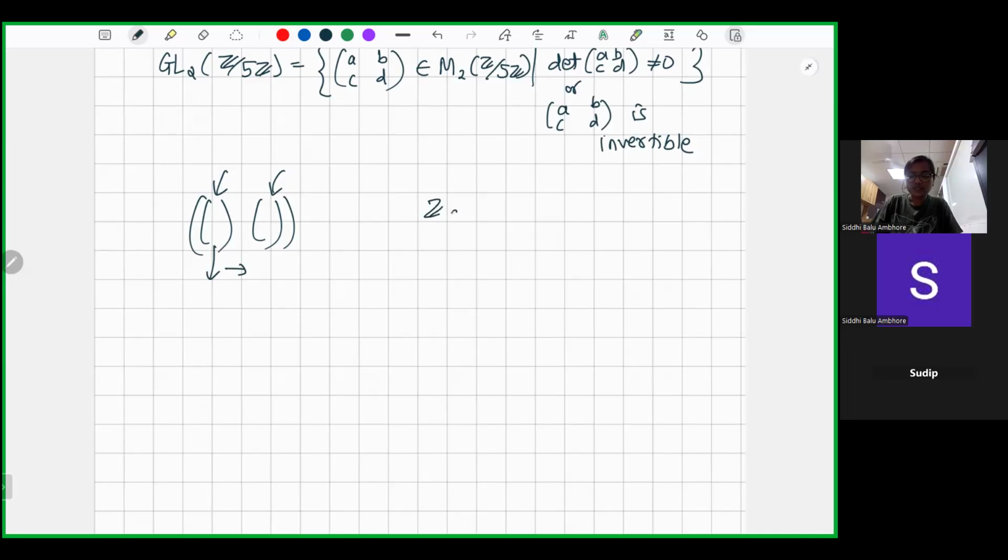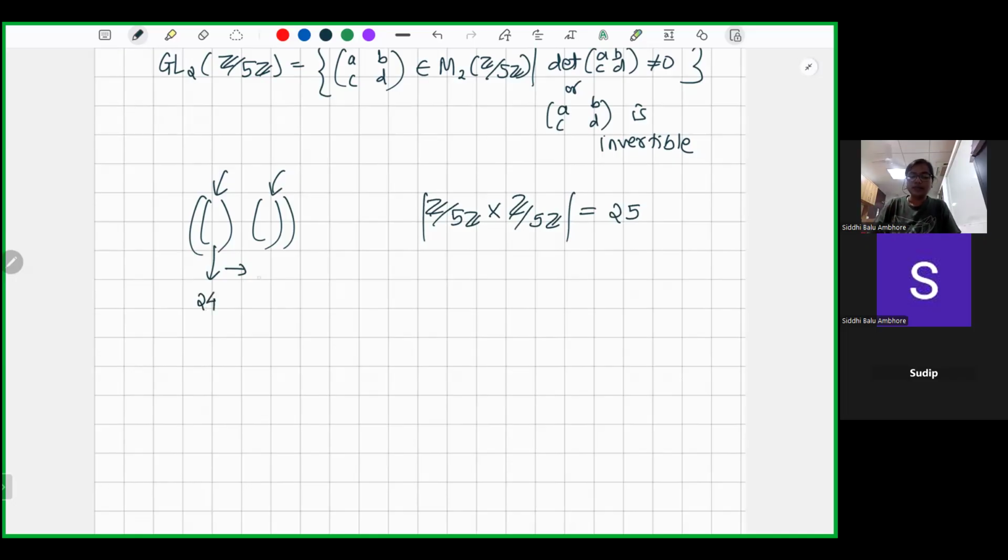Z5 cross Z5 has 25 elements, but I can't have a column be entirely 0, 0. That won't give me an invertible matrix because then the determinant will be 0. So I have 25 minus 1 choices for the first column. I can choose any column which is non-zero. So for the first column, I have 24 choices.